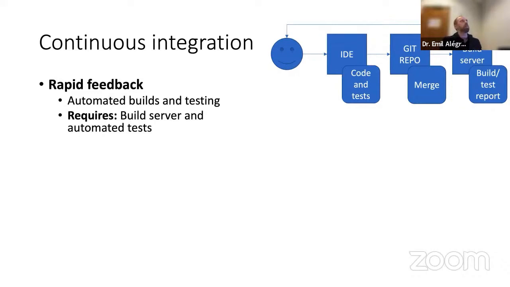And this figure up to the right here visualizes how this is intended to work, where we have the user who uses an integrated development environment of some kind to create code and tests. These are sent to some repository, it could be Git, it could be Subversion, it could be something else, where you do merges of the code.